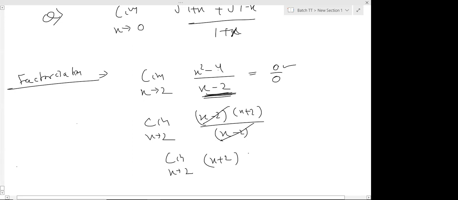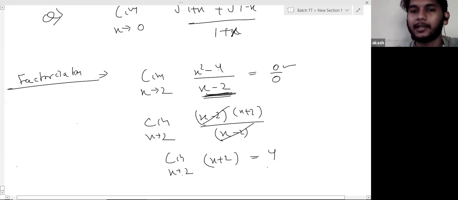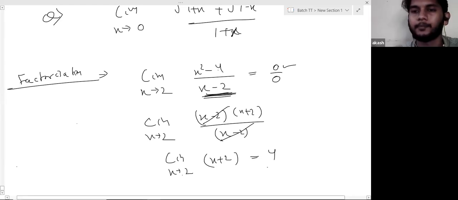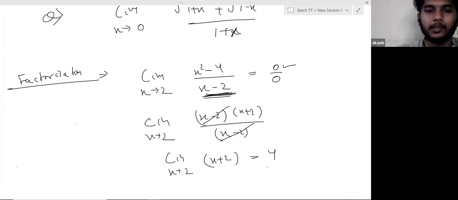Now again we can put direct substitution, x equals to 2. So 2 plus 2 is 4. 4 is a good number. So we can directly write the value as 4. Sahel, this is clear? Yes, sir. Note it down. I'll give you a few questions.